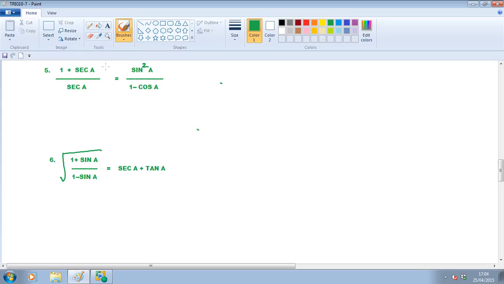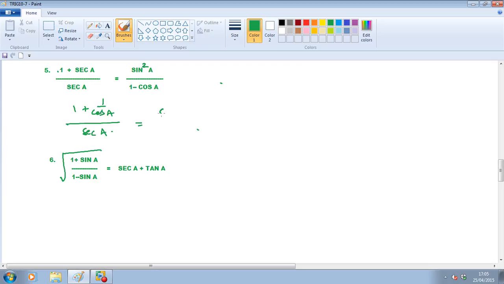1 plus secant A divided by secant A is equal to sine square A divided by 1 minus cos A. 1 plus secant A means it is 1 plus 1 by cos A, the whole thing divided by secant A. Now we take common denominator.